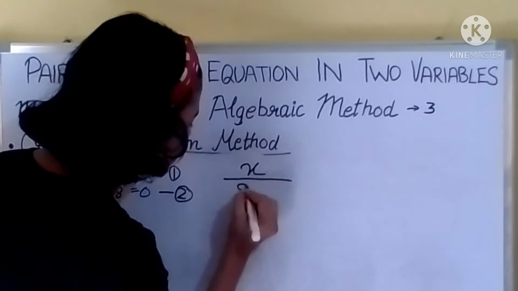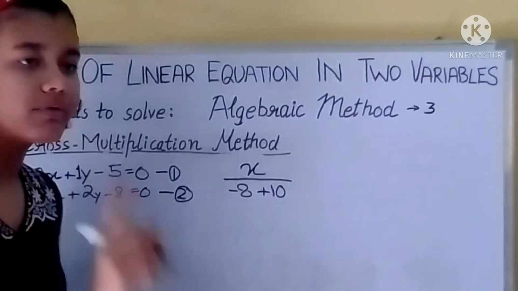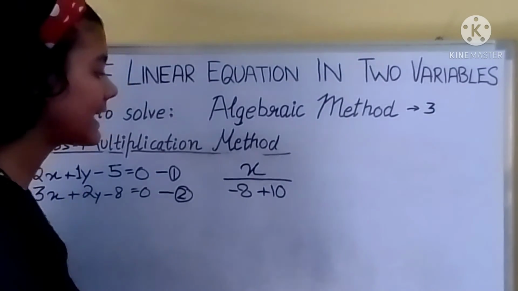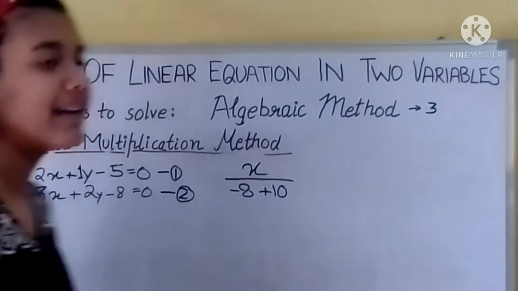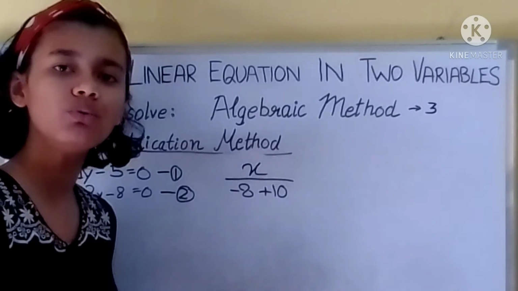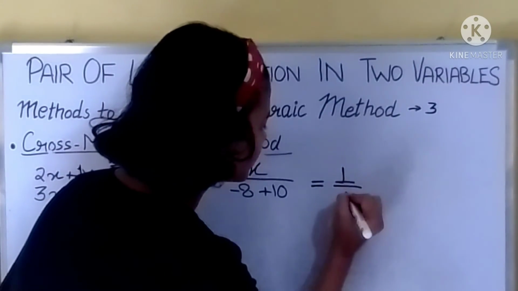x upon minus 8 plus 10. Now what we saw is that this was equal to y upon minus 16 plus 15, and then y upon minus 16 plus 15 was equal to 1 upon 1. So this is also equal to 1 upon 1.